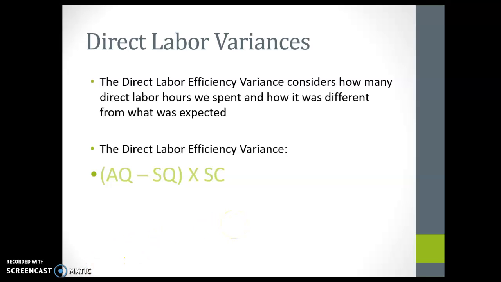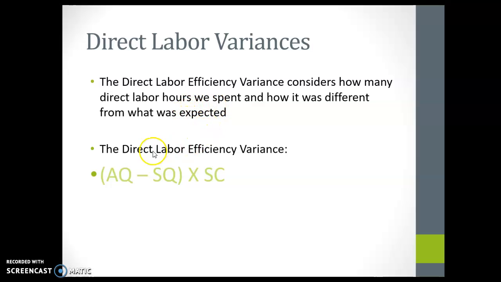This goes over the direct labor efficiency variance. So that's the quantity variance. How many direct labor hours did we spend? Okay, and how was it different from what we expected to spend for our total number of hours?